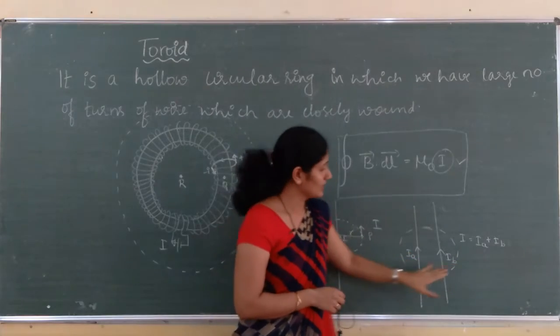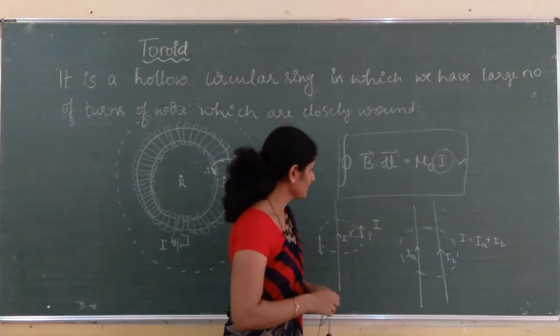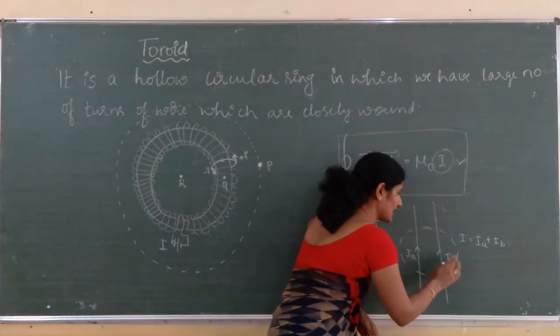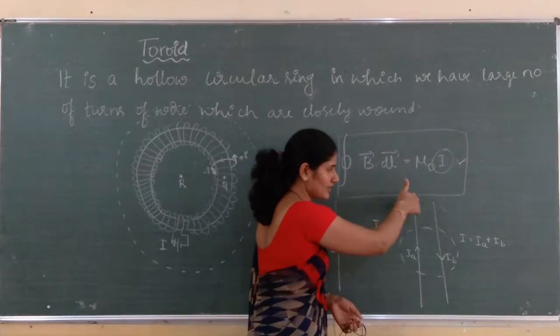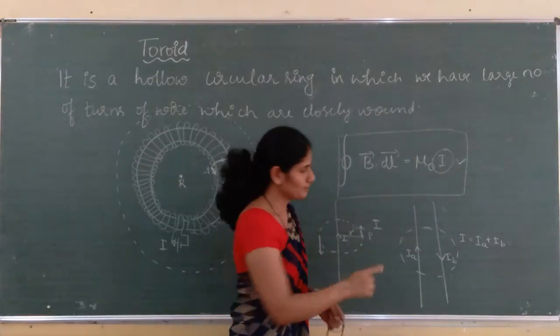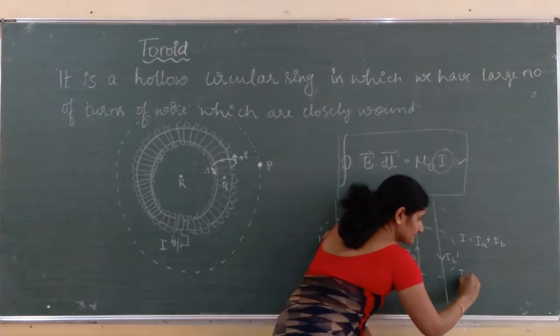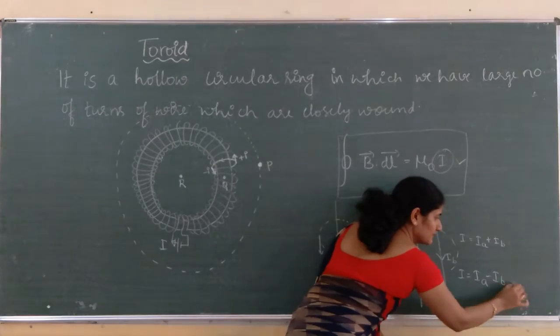This is only when the conductors are carrying current in the same direction. If the conductors are carrying current in opposite directions, one in this direction and another in this direction, then the net current I is equal to IA minus IB.